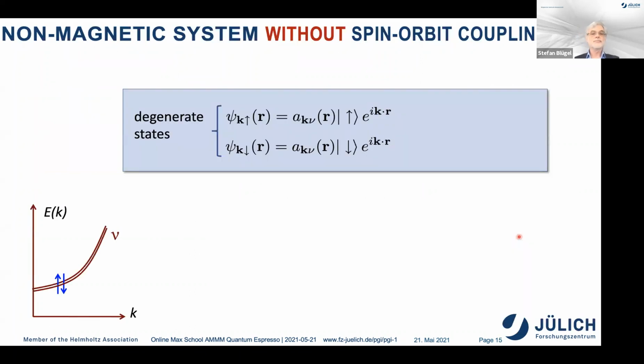I remind you, if we have a non-magnetic state without spin-orbit interaction, you may have a band structure of a certain band on a certain K vector. And these are typically Bloch states. And these Bloch states are degenerate because we have a spin up and a spin down state with the same energy.